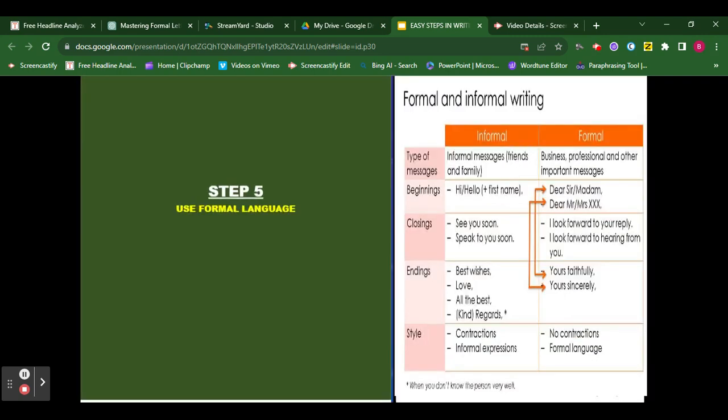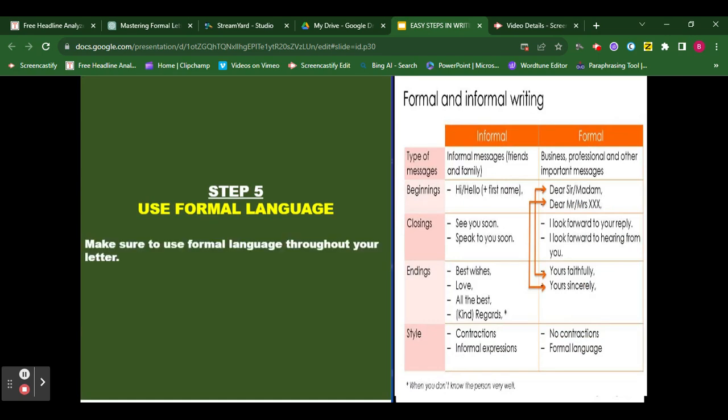Now, step number 5, use formal language. Make sure to use formal language throughout your letter. That's why it is called a formal letter. So you need to avoid slang, contractions, or overly casual expressions. You don't need to share jokes, because a formal letter should be business-like.